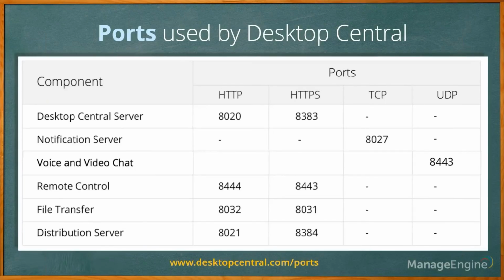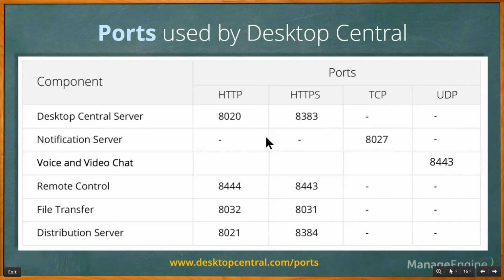Okay, so here are the ports used by Desktop Central. We recommend you open the required ports shown here in order to use the specific features of Desktop Central. For example, voice and video chat, which is one of the features associated with this product, works on UDP port 8443. Agent server communication happens on HTTP port 8020.